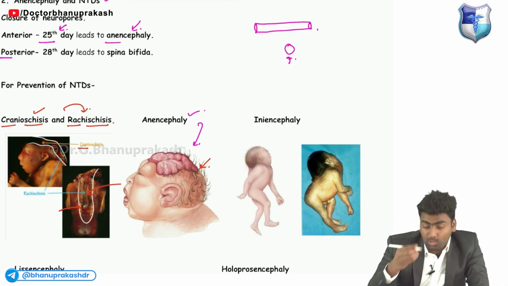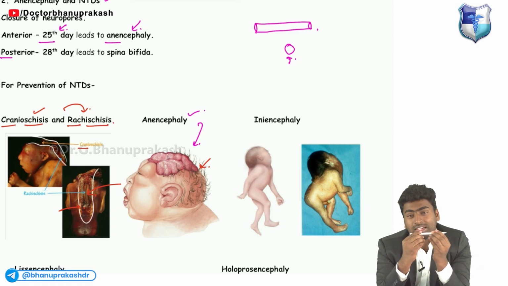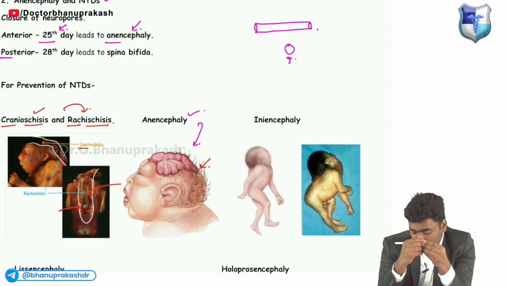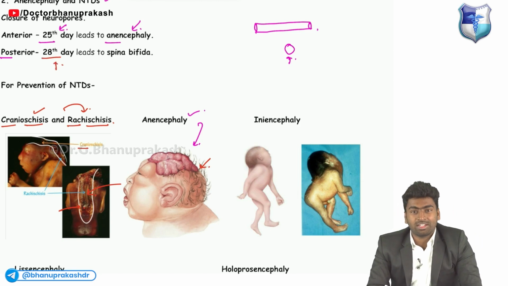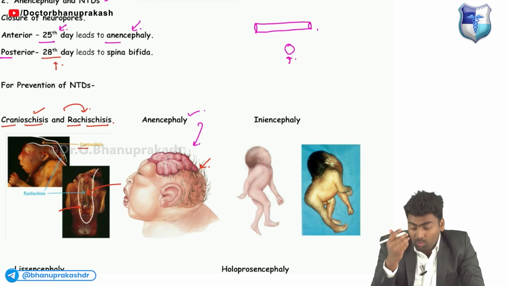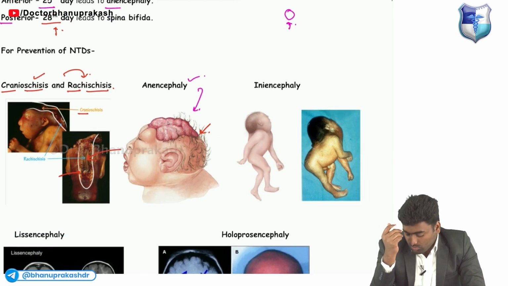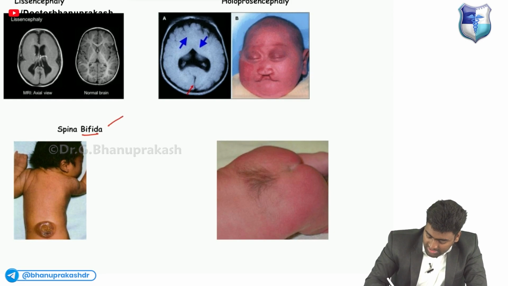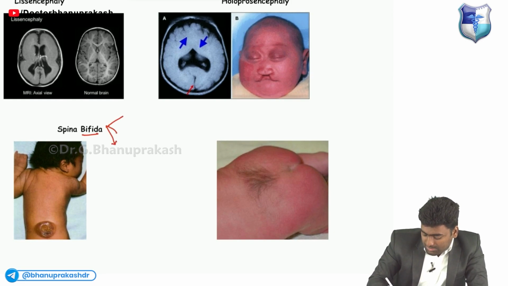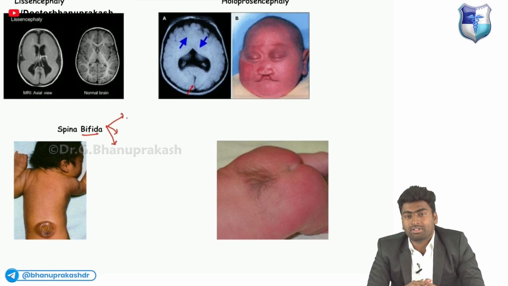And next, about the posterior tube. Like the anterior pore, the posterior pore also should close at some day, right? This posterior neuropore will usually close by the 28th day. And if there is any failure of closure of the posterior neuropore, it leads to the condition known as spina bifida. This spina bifida can be of different types.